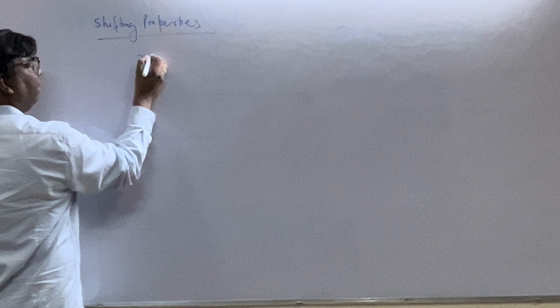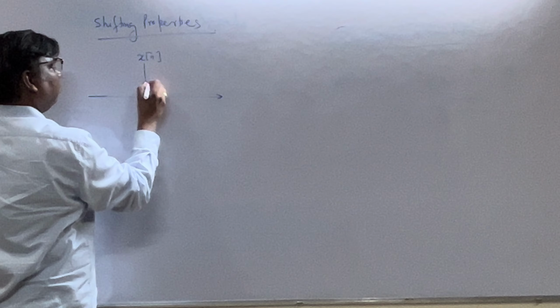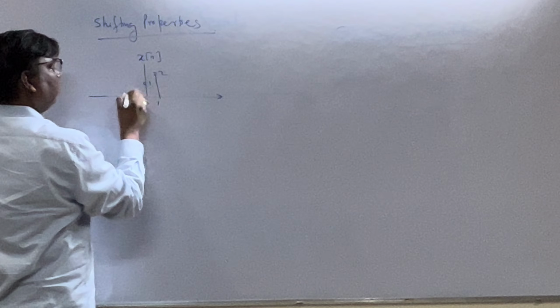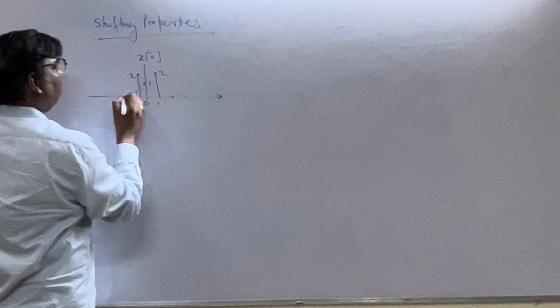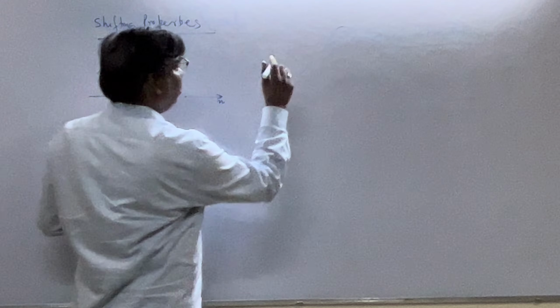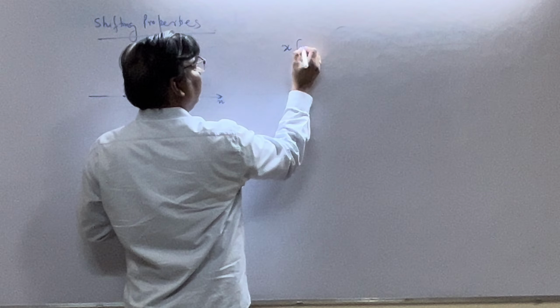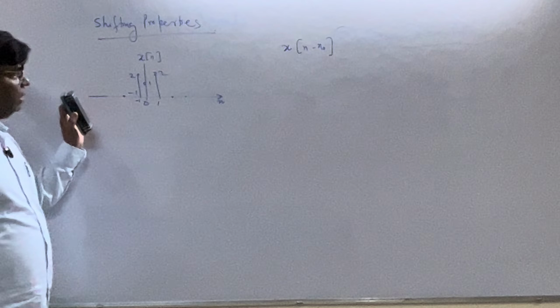Suppose x[n] is given here, like this, and you have to draw x[n minus n naught]. Then how can we draw it?